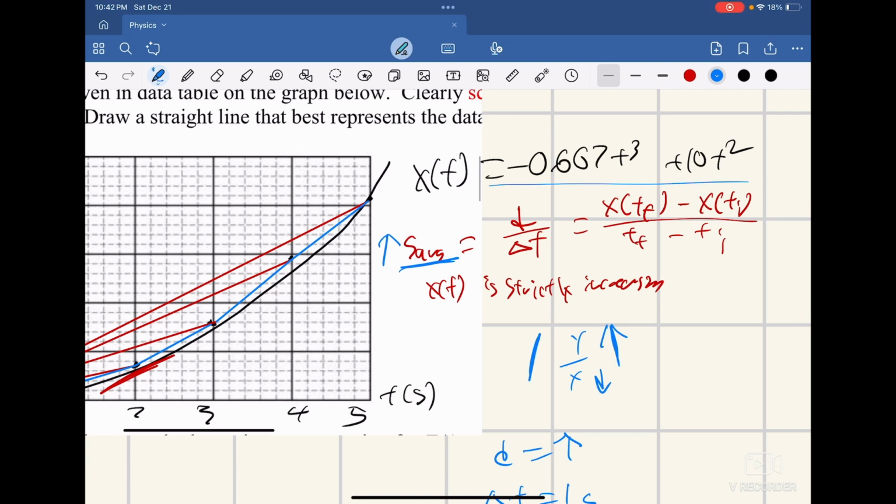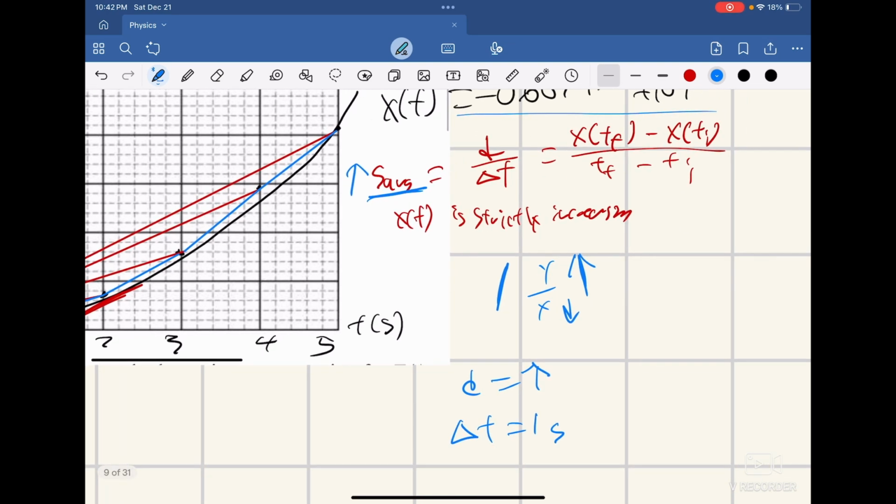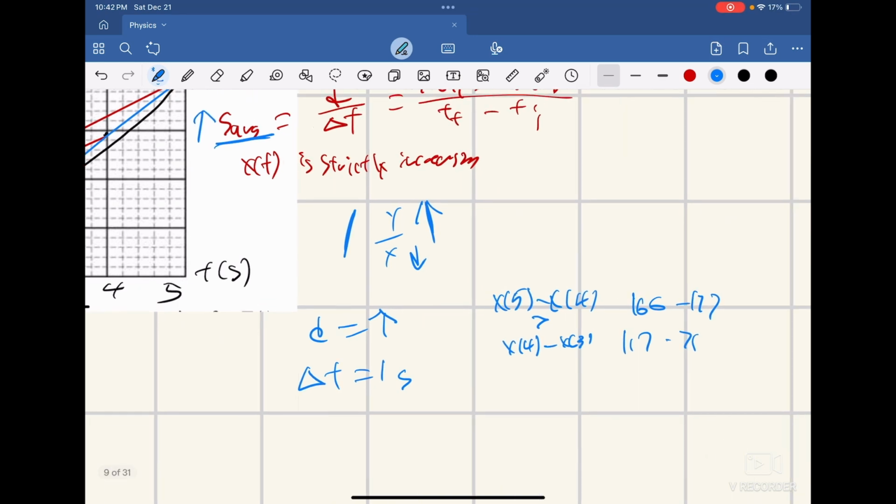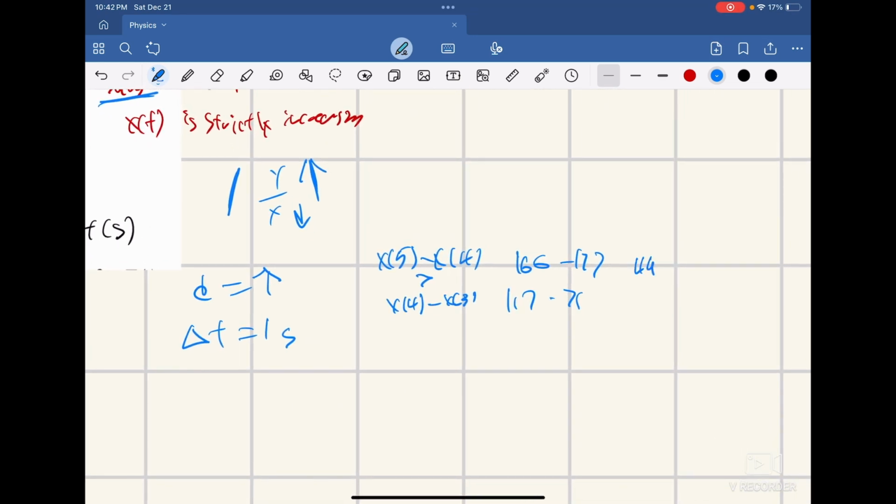If we go to the formula right now, x at 5 minus x at 4 is going to be greater than x at 4 minus x at 3. And to prove it, I'll just do 166 minus 117 and 117 minus 71. And this gives us the two values, 49 and 46.